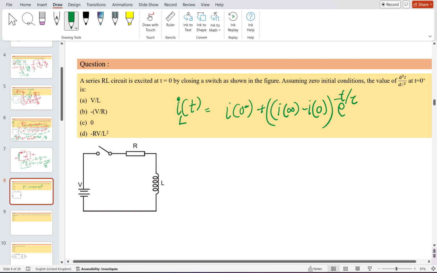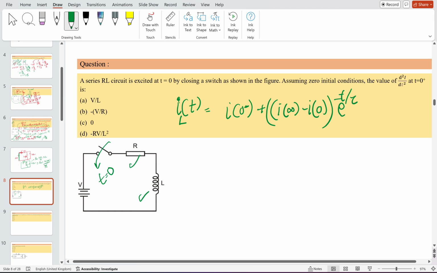Let me explain the problem first. In this problem, it is saying that there is a series RL circuit, that is, a resistor and an inductor. It is excited at t equal to 0, which means this voltage source will come into the picture only after t equal to 0. It means that this switch is closed at t equal to 0.